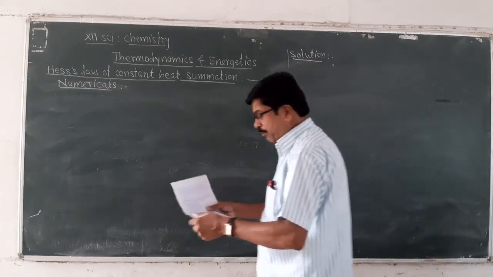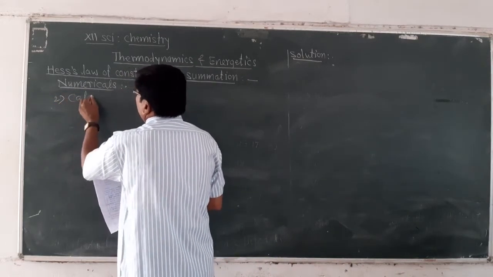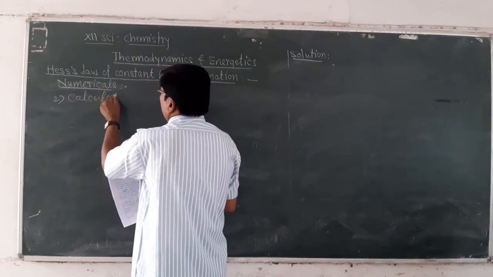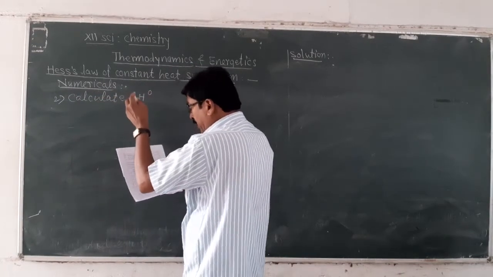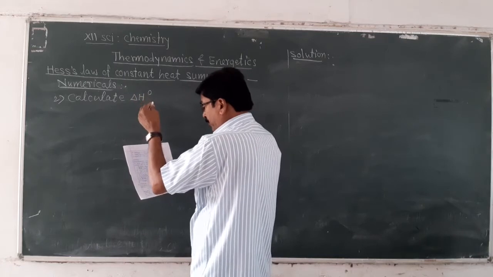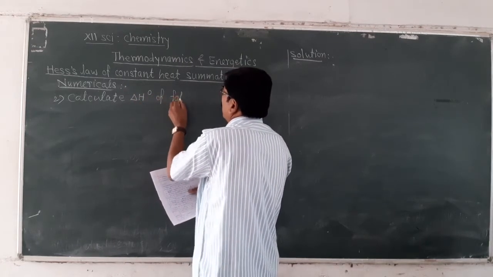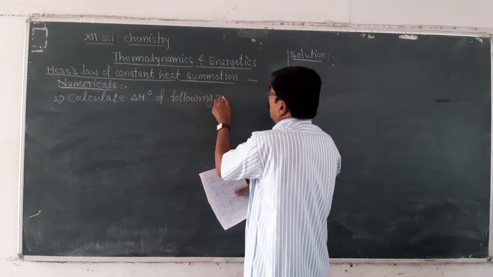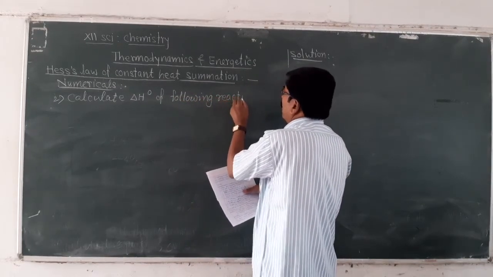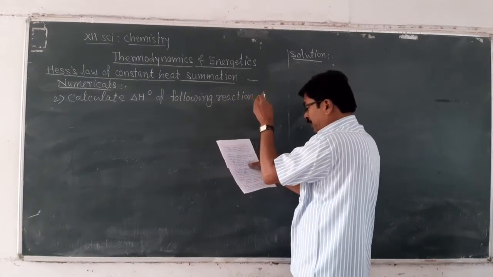What is the second problem? Calculate delta H naught, the standard enthalpy change of the following reaction at 298 Kelvin.